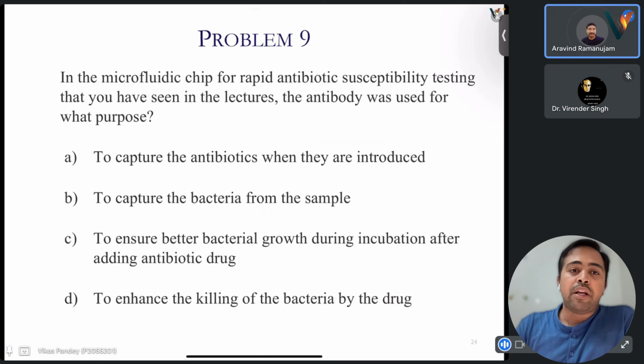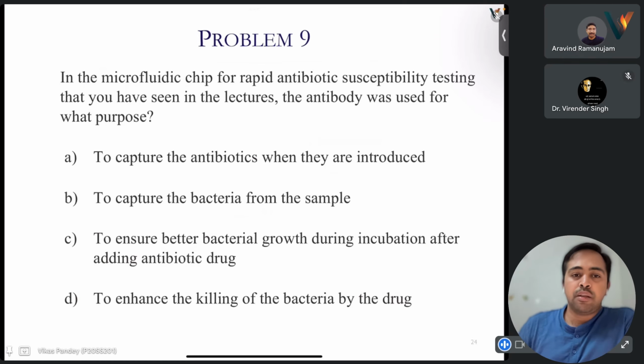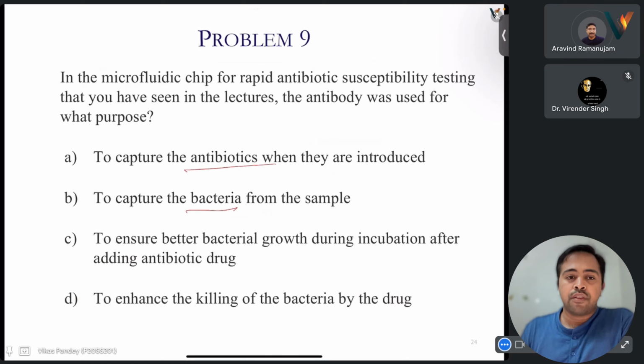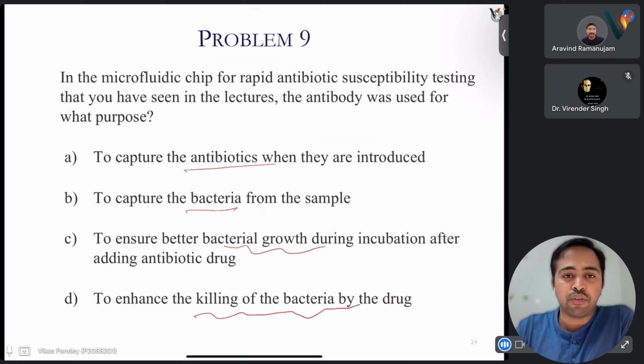In the microfluidic chip for rapid antibiotic susceptibility testing that you have seen in the lecture, the antibody was used for what purpose? To capture antibiotics, to capture bacteria, to ensure better bacterial growth during incubation after adding antibiotic drug, or to enhance the killing of the bacteria by the drug?